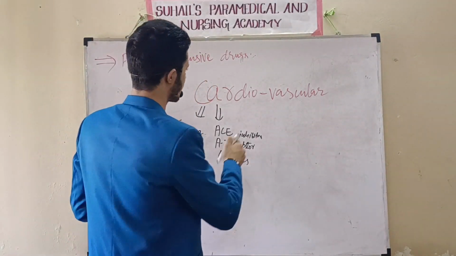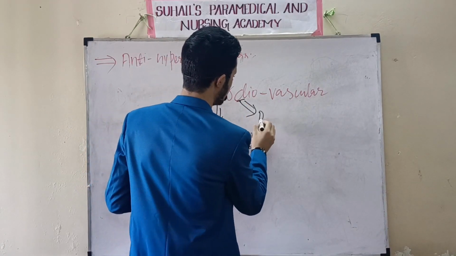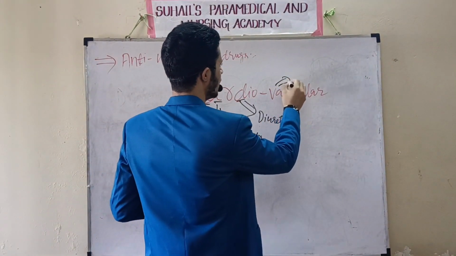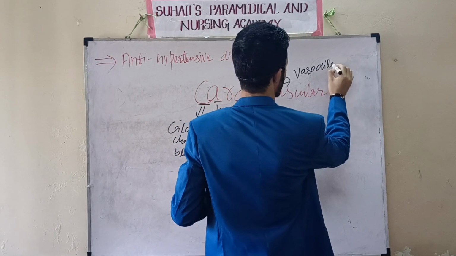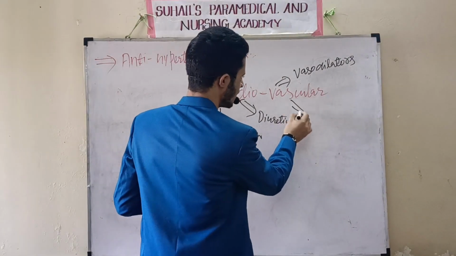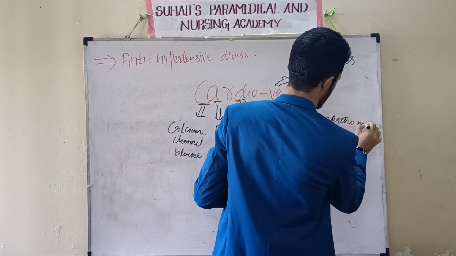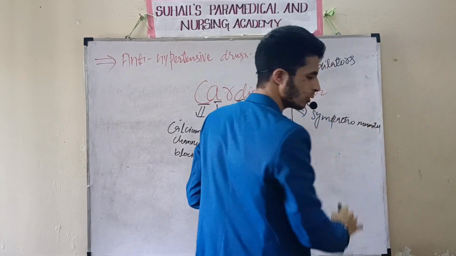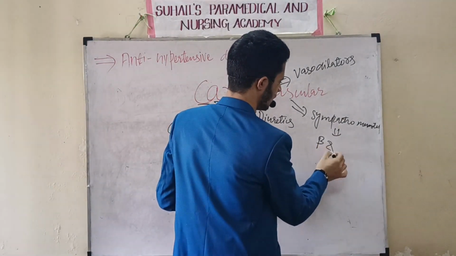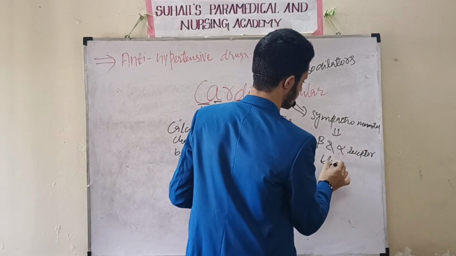Then the third, this was C, this was A, this is D. D for diuretics. Then V for vasodilators. S for sympathomimetics, that we are calling beta and alpha receptor blockers.